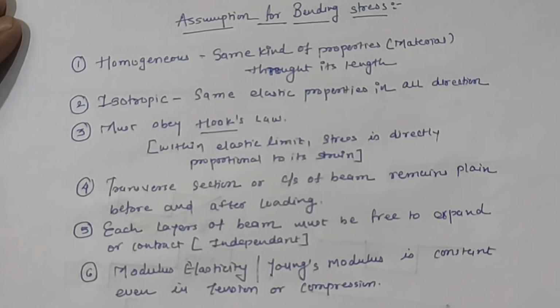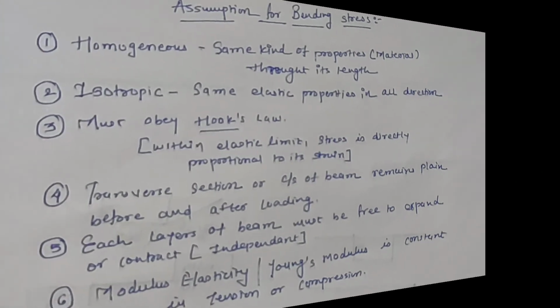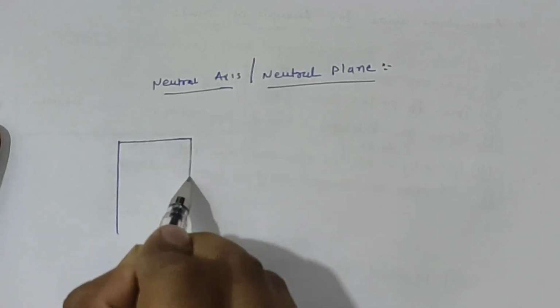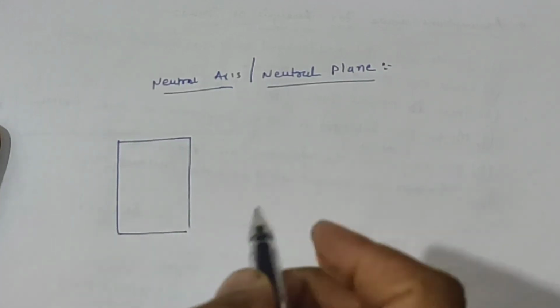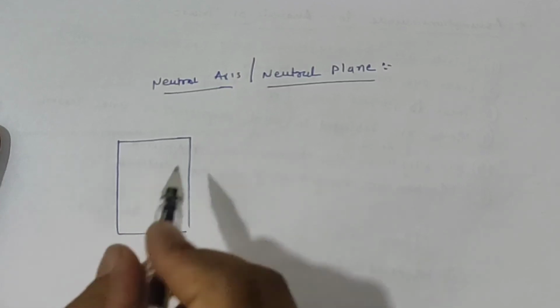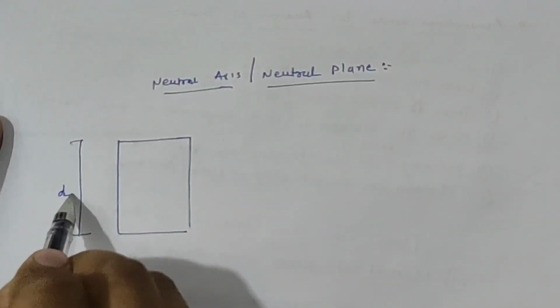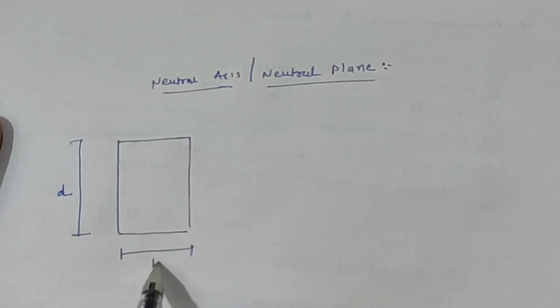Now let us take another part which is important for the bending stress derivation: the neutral axis or neutral layer. For understanding the neutral axis, let us take one rectangular section as shown in the figure, having overall depth small d and width small b.